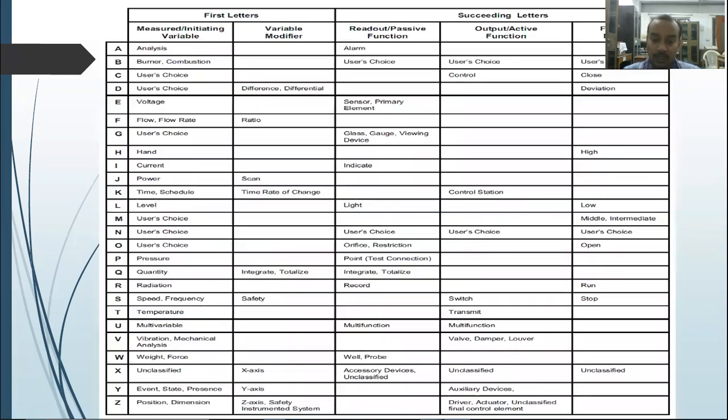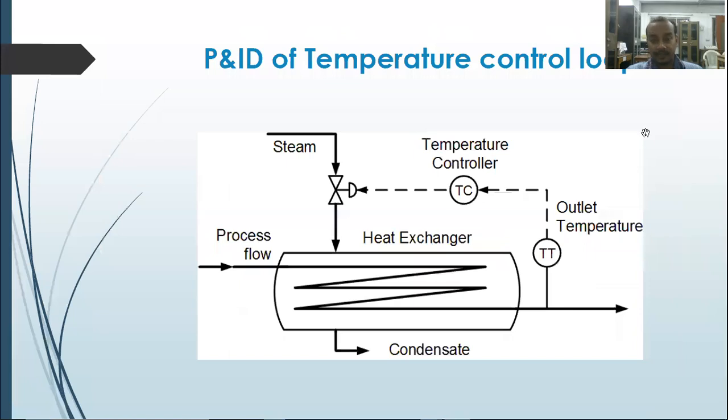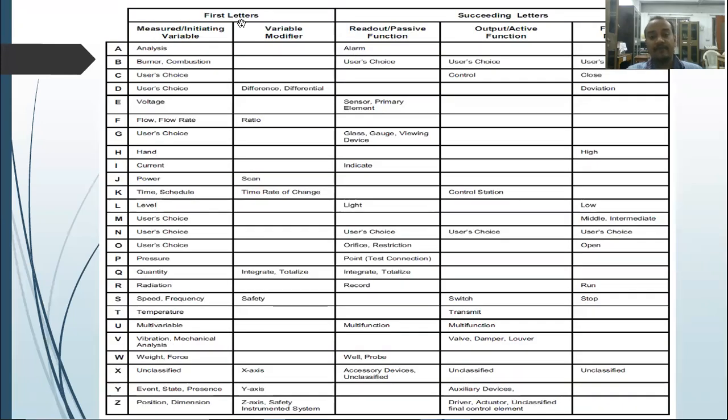So if I go to the next slide, here you can see we have a table through which we can get all the information. That means here we have a first letter and succeeding letters, starting from alphabet A to Z in alphabetical order. We already talked about TIC, so let's identify the meaning of this TIC. Come to T first.